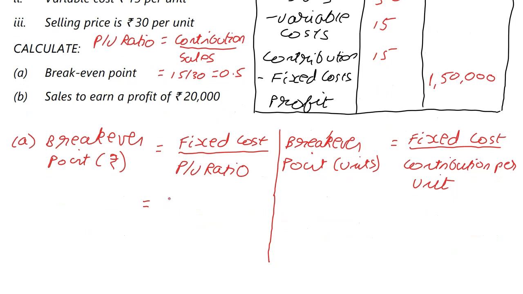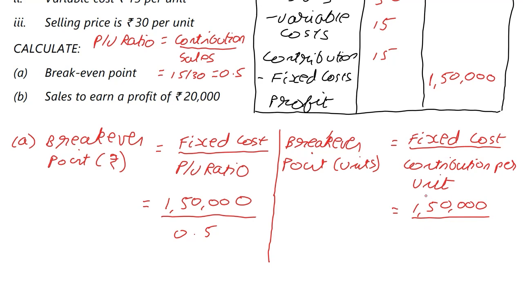I can take 1,50,000 and divide it by 0.5. Similarly, I can take 1,50,000 and divide it by 15. So in rupee terms I'm going to end up with rupees 3 lakhs, and in unit terms 10,000 units.